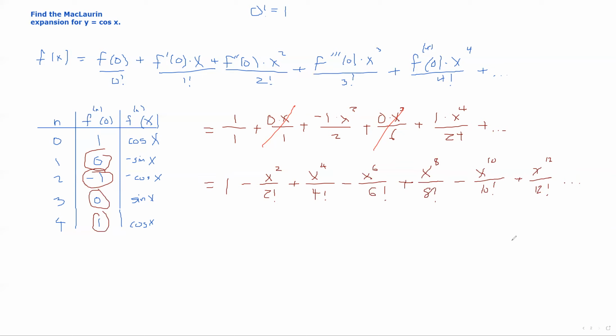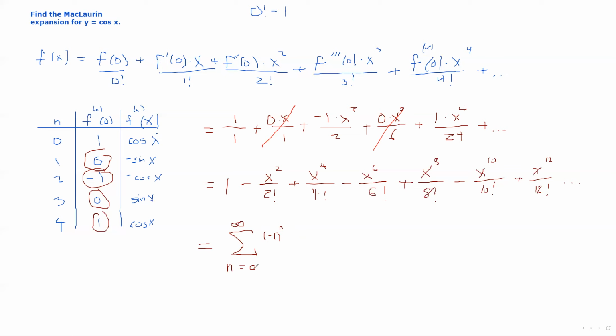etc. There is a fancy way of writing this if we wanted to kind of sum it up. We would say that this is equal to the sum n equals 0 to infinity of negative 1 to the n, because we keep alternating signs.